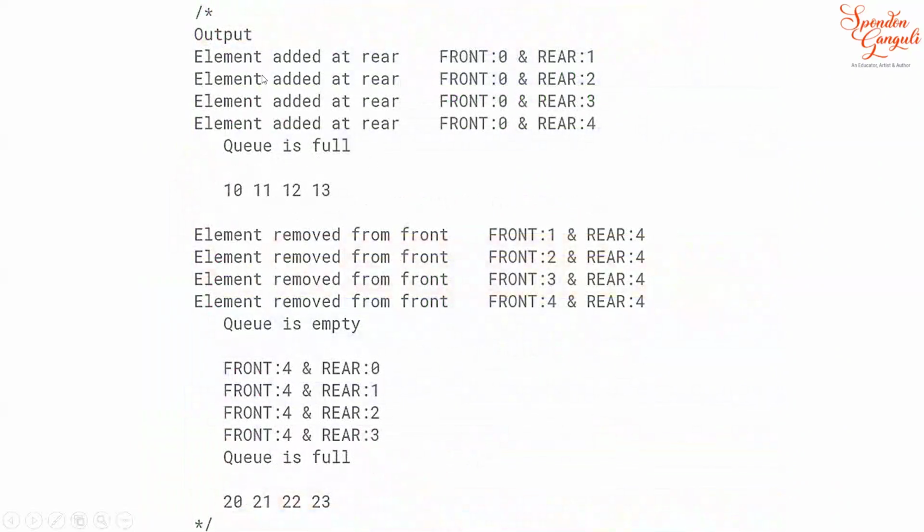If I run this program, see here, I have already pre-run the program with the output. So 4 elements are added, each time front at 0 and rear getting incremented. Finally, when the queue is full, I'm displaying the elements 10, 11, 12, 13. Now when I'm deleting, front gets incremented.